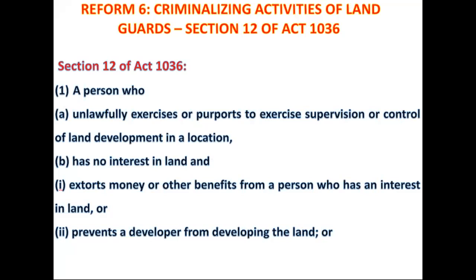Another reform that has been introduced by the Land Act, reform number 6, is that we have criminalized the activities of land guards.